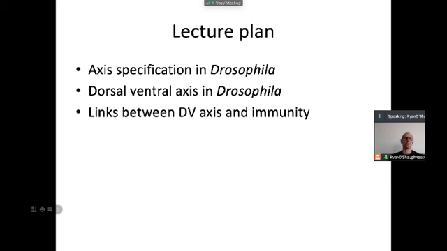We looked at that protein dorsal, which when in the nucleus determines ventral fate, and we looked at the fact that these flies, when they are mutant for toll, which is upstream of dorsal, my apologies, then we also get bacterial infections. And so there's this important link between the dorsal ventral axis and innate immunity in Drosophila, and it's that innate immune pathway that's conserved in mammals like us.